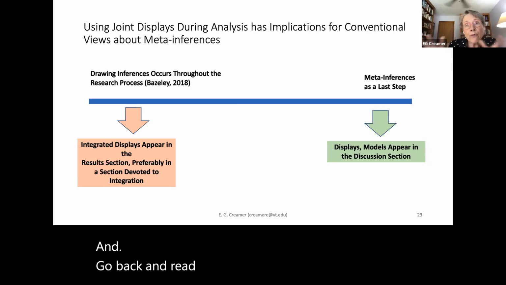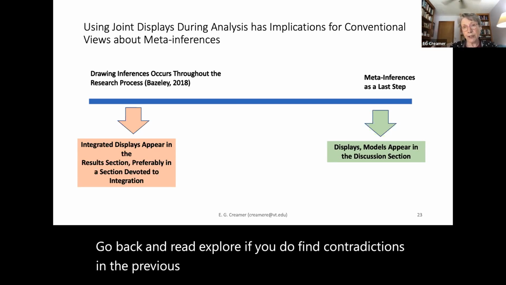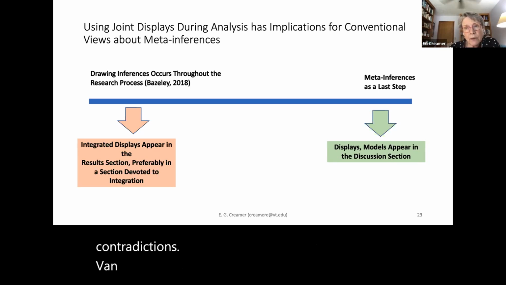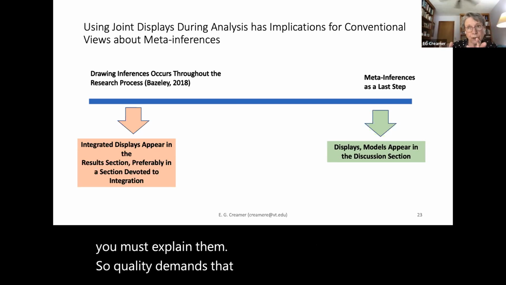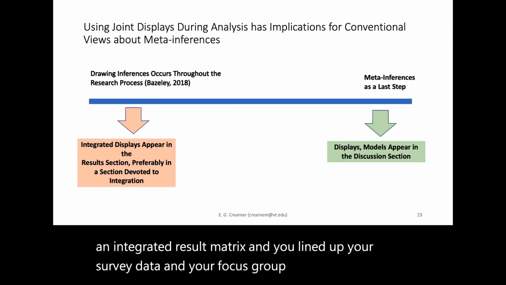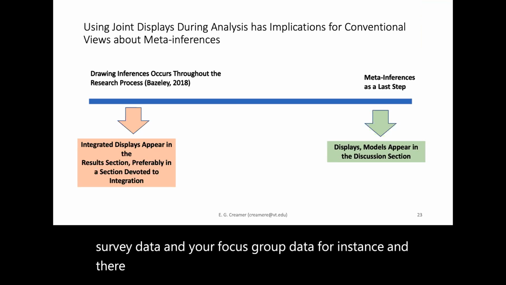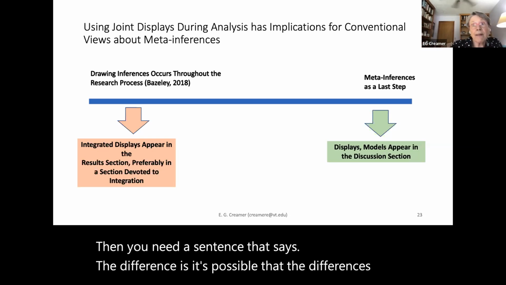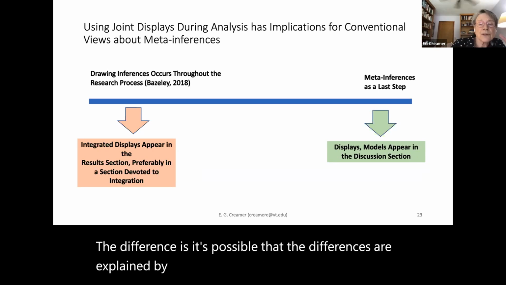Like if you do find contradictions in the previous example, then you must explain them. So quality demands that if you laid your findings out in an integrated result matrix and you lined up your survey data and your focus group data, for instance, and there are gaps, then you need a sentence that says it's possible that the differences are explained by this or by this.